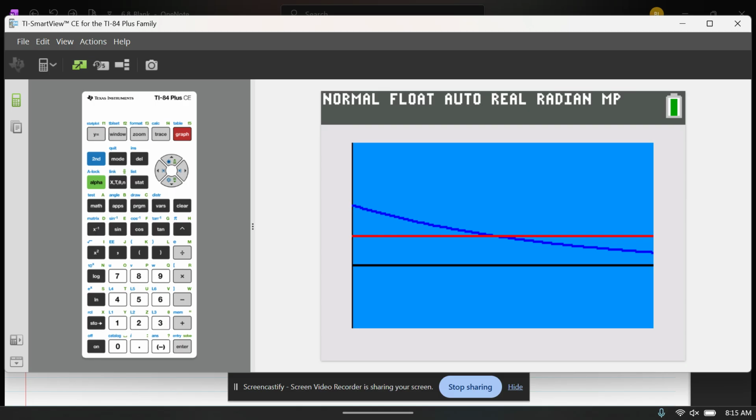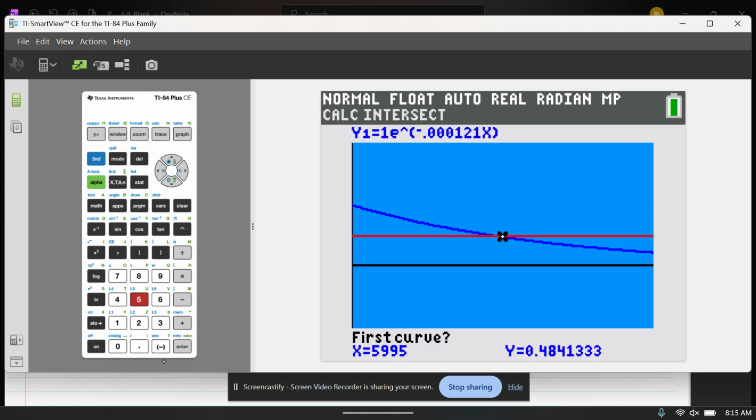Maybe not exactly because remember I rounded my decay rate. I had to round it at some point because it kept going forever. So I rounded it. So it's going to be really, really close to 5,730. So I'm going to hit second, trace, intersect. Yeah, it should be really, really close. Yeah, 5728 and a half.